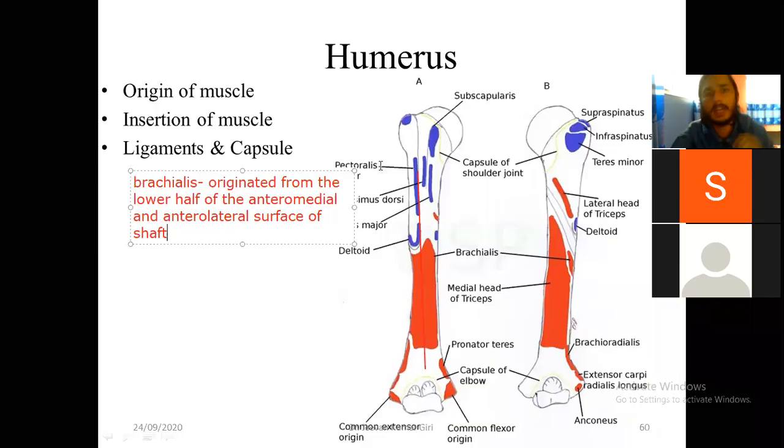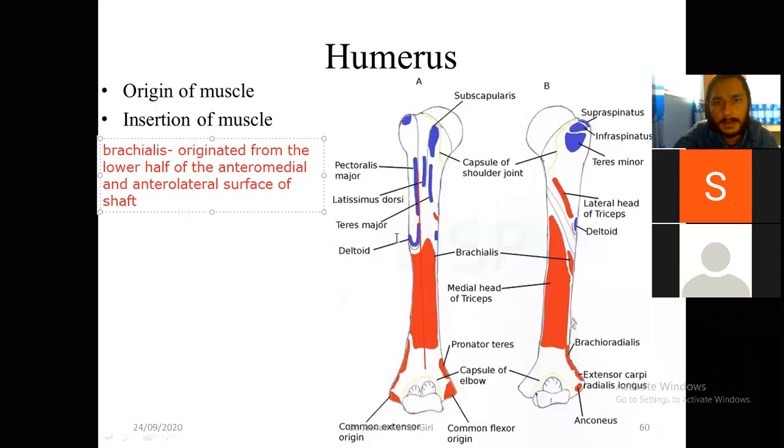Are you getting this? See this surface and this surface: this is the anterior medial and the anterior lateral surface. This muscle has got an origin from both surfaces. So directly you can write brachialis: originated from the lower half of the anterior medial and the anterior lateral surface.